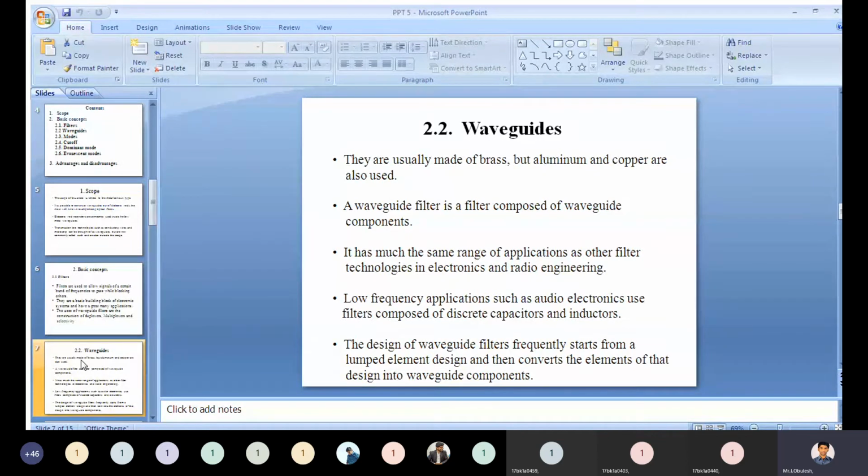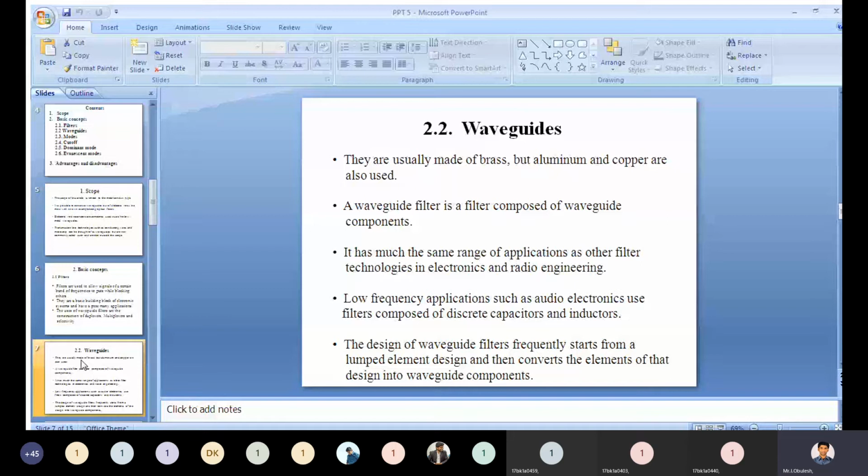This means the electronics use filters composed of discrete capacitors and inductors.